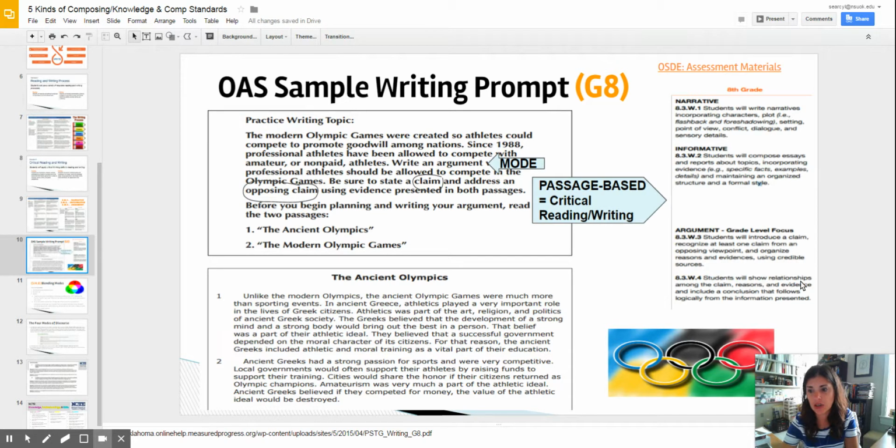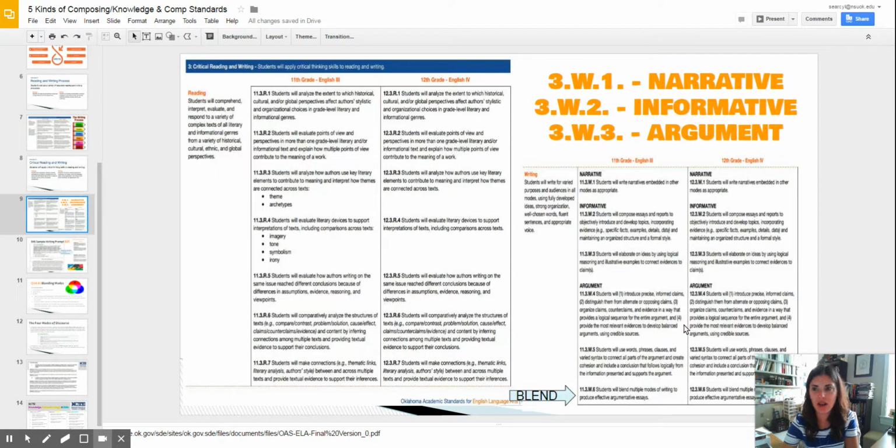Students also need to show the relationships among the claim, the reasons, and the evidence, and include a conclusion that follows a logical form. So, if this is the real-world artifact and it has argumentative writing in it, that goes along with our standards. You also have the freedom to blend your narrative, or to inform and give background information about the Olympics in the writing.